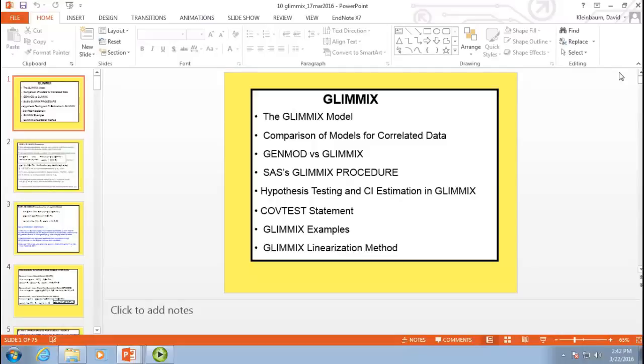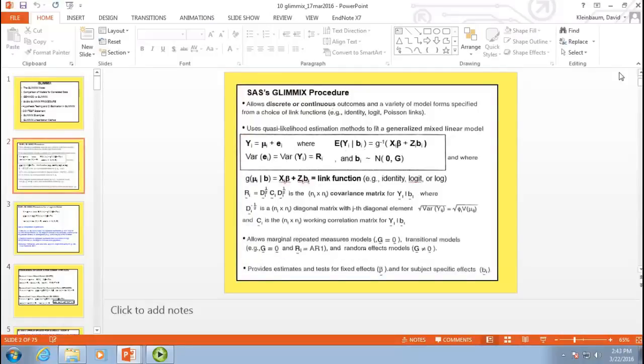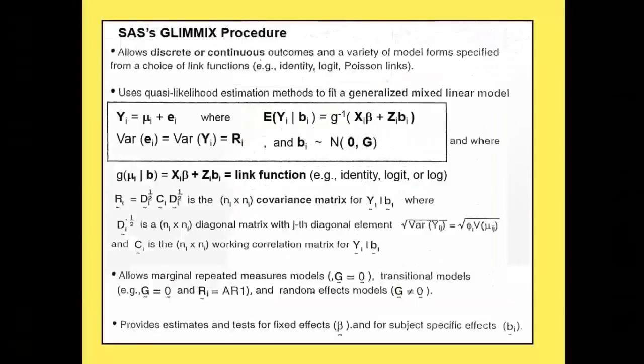One of the key things about GLIMMIX is that you can have fixed effects and random effects. We previously talked about GenMod, which also allowed you to deal with a nonlinear model.